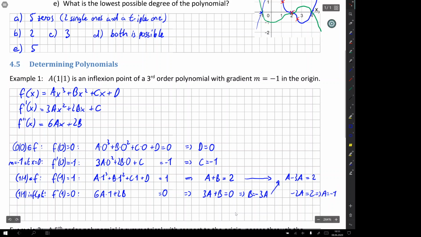Using that, b is 3, and we can now write the function equation of this polynomial: y equals -x to the power of 3 plus 3x squared minus x, and d is 0, so it disappears.